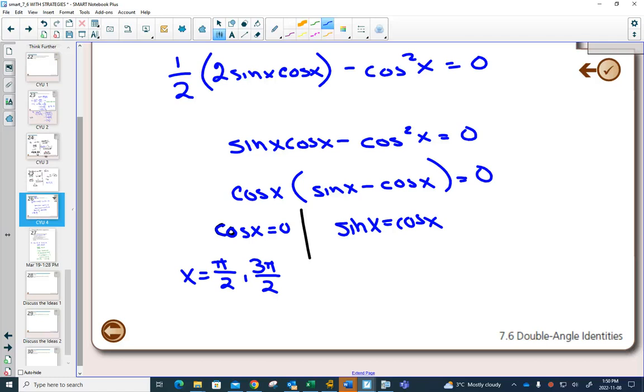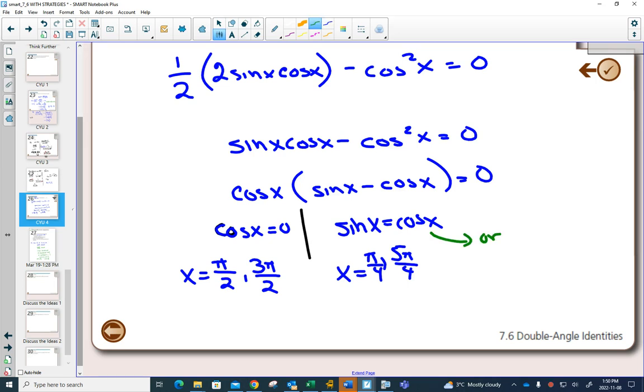But solving sine x equals cos x, there are 2 methods you can do this. One, you can think about your pi plate. Where are the x coordinate and y coordinate the same? Pi over 4 and 5 pi over 4.